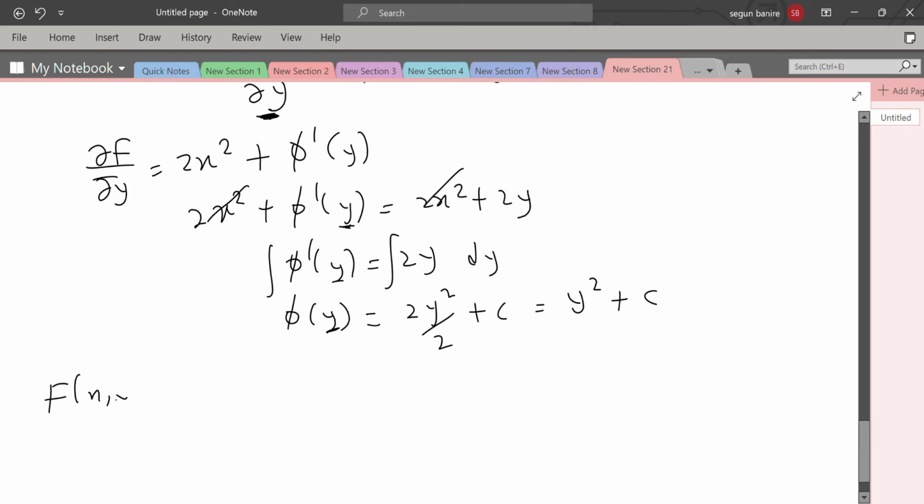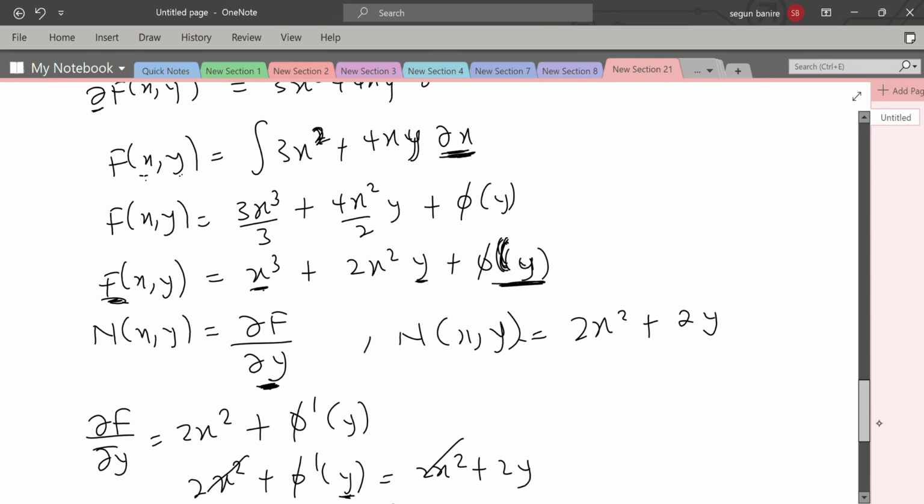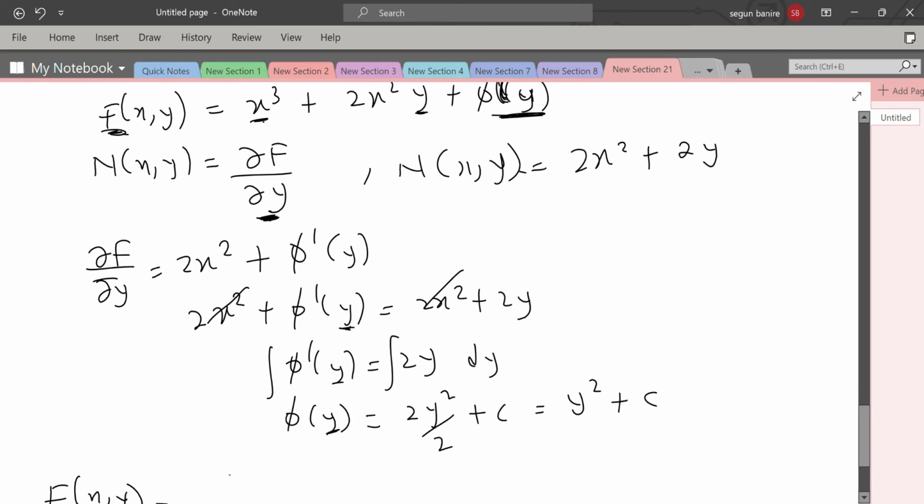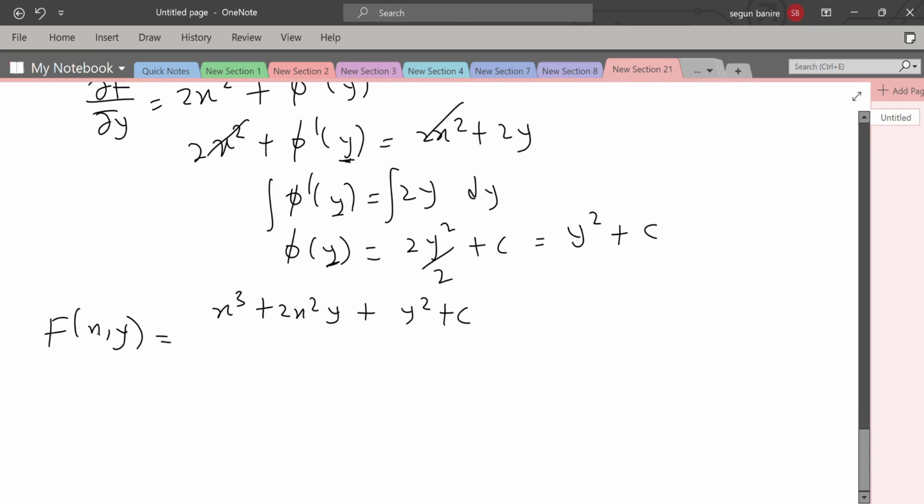So you come back to your f of x. The f of x we got initially was x cubed plus 2x squared y plus phi of y. Phi of y now is y squared plus c. So this is your f of x comma y.